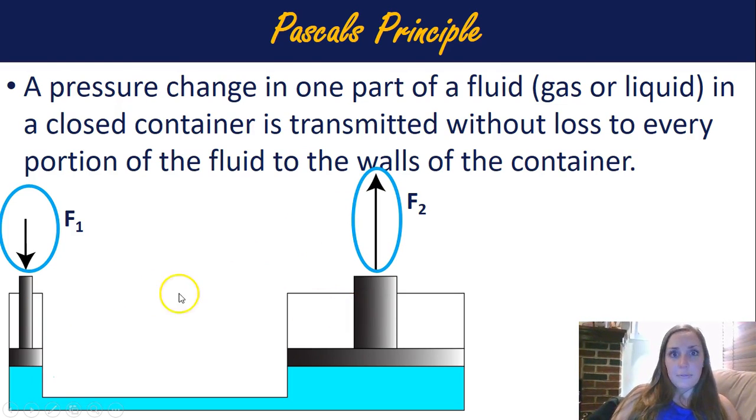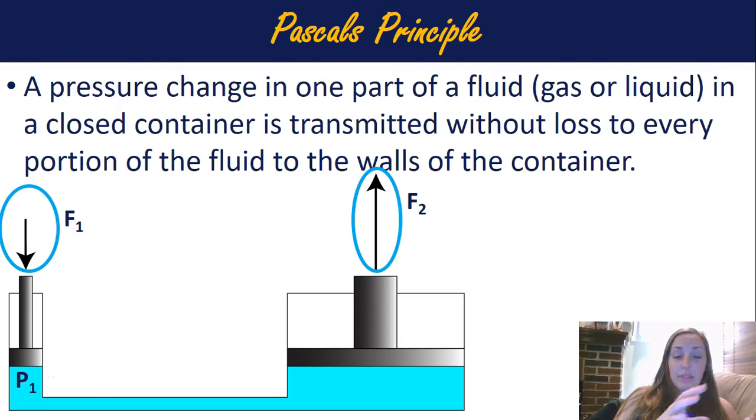Now notice there are differences. We have different size pistons. Now if they were the same size, we would end up getting the same force, but when they're not the same size, we have to keep in mind that there is a pressure 1 under force 1, and we'll call it pressure 2 under force 2. The piston under force 1 is labeled area 1. So notice everything on this side all has a 1.